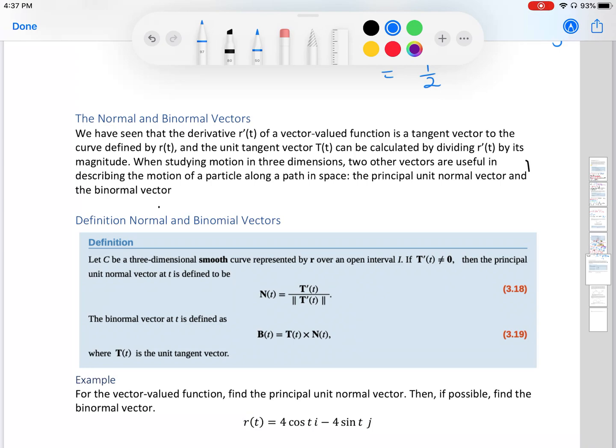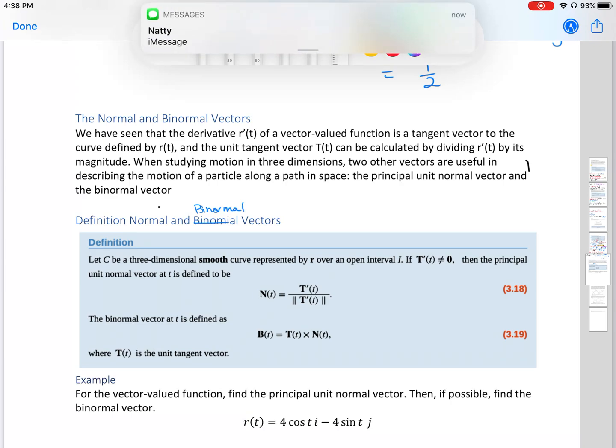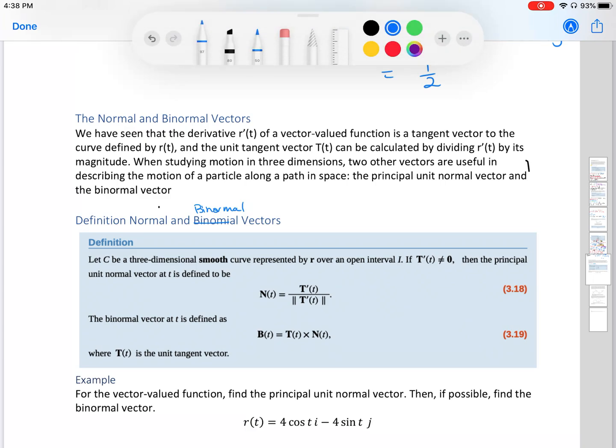Definition of normal and binormal vectors. Binormal, not binomial. Let C be a 3-dimensional smooth curve represented by r over an open interval I. If T prime of t does not equal 0, then the principal unit normal vector at t is defined to be N(t) equals T prime of t divided by the magnitude of T prime of t.